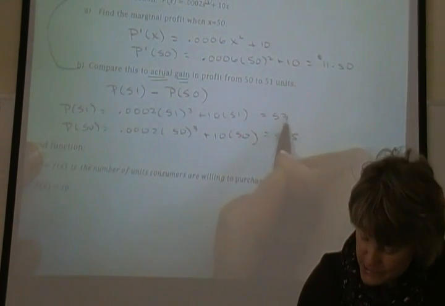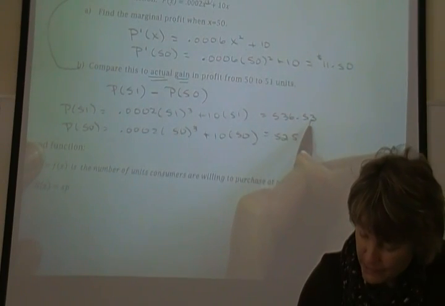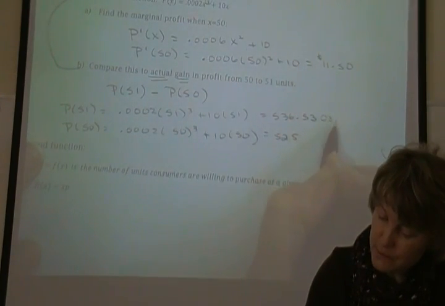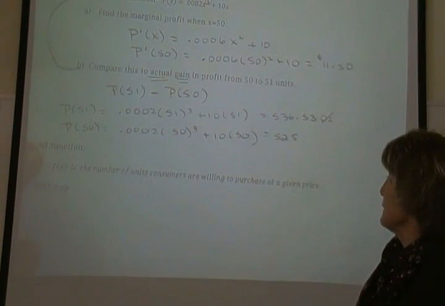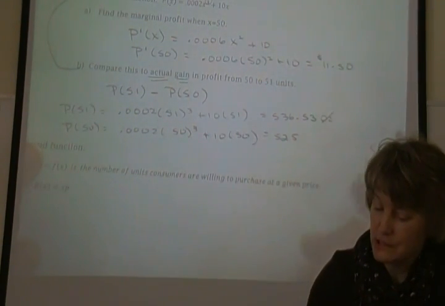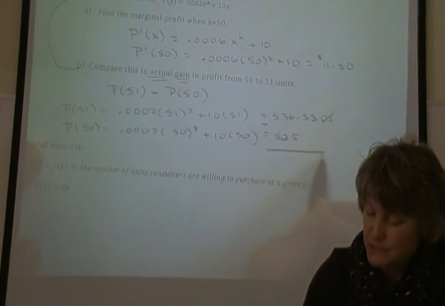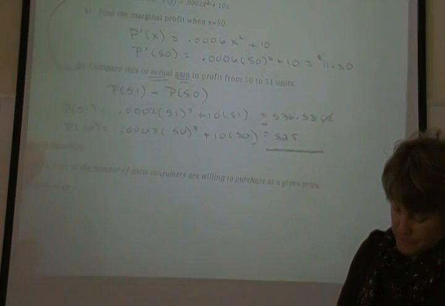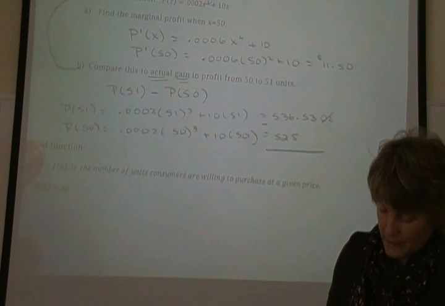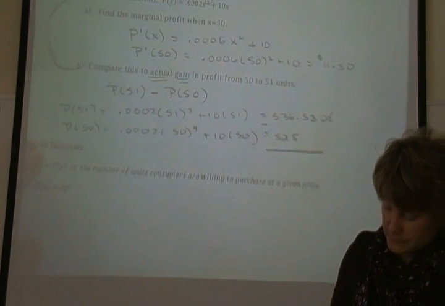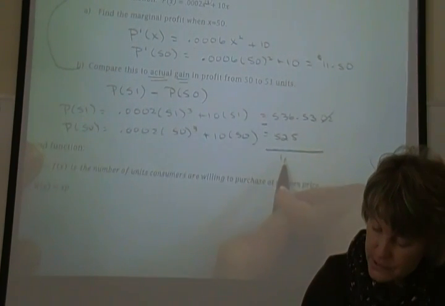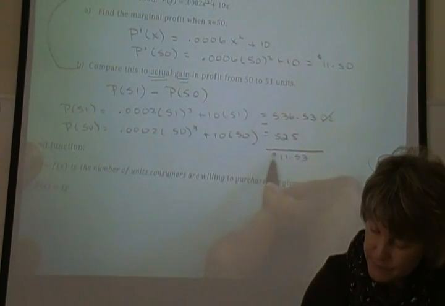This was 536.53. I'm rounding it off because there were a couple digits after that I'm going to drop off because this is money. I don't want to have too many digits. I'm going to subtract those two answers and I get $11.53.